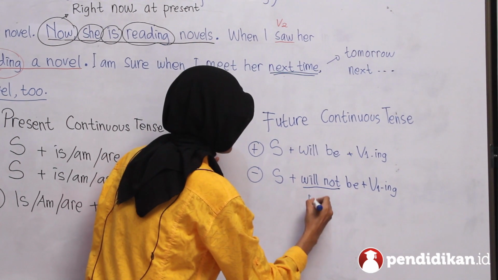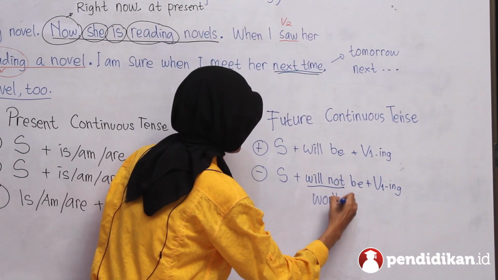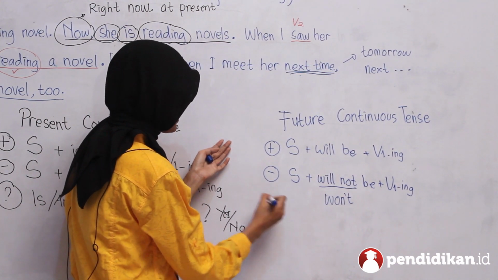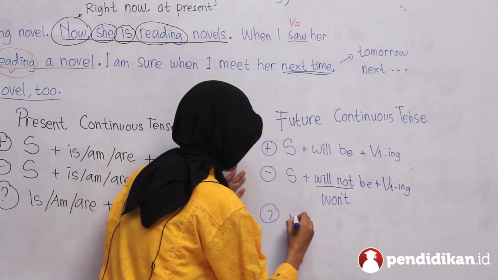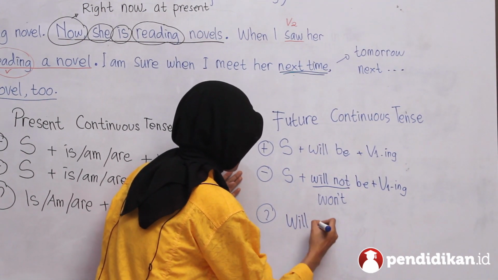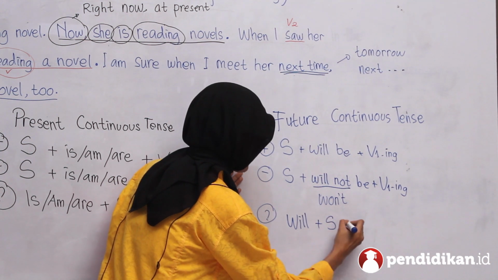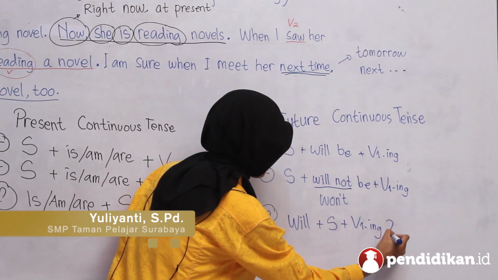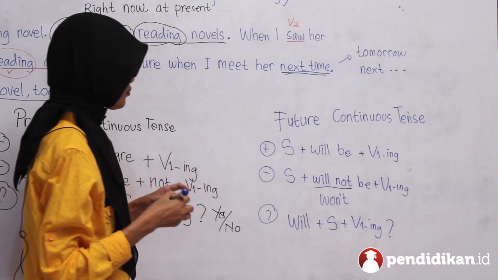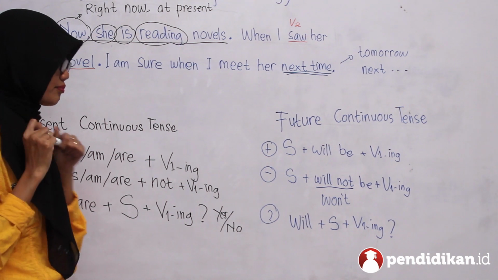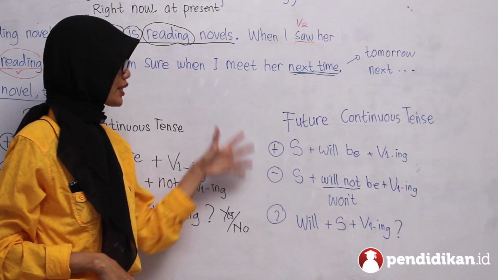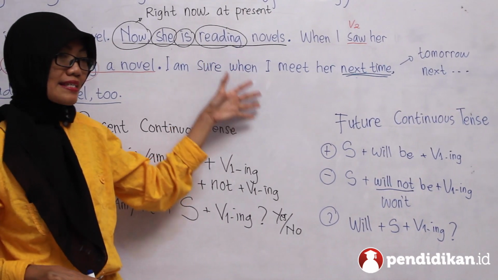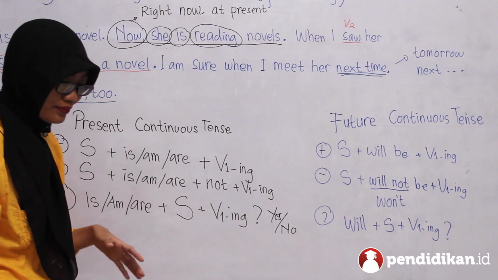Will not be can be shortened into won't. And for interrogative sentence, we have will plus subject plus verb 1 ing. Okay, to make it clear, we will have an example for you.